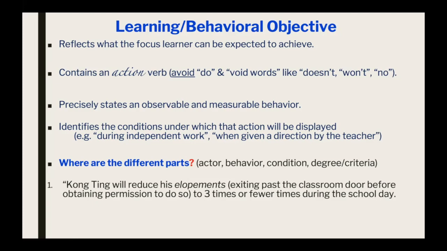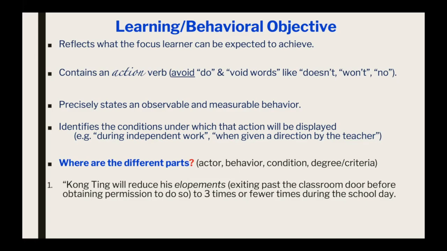Okay, so you're thinking, who is the actor? Who is the student, the learner? And yes, you've identified him as Kong Ting. So what behavior have we defined? You're spotting that? Yep, it's in the parentheses.